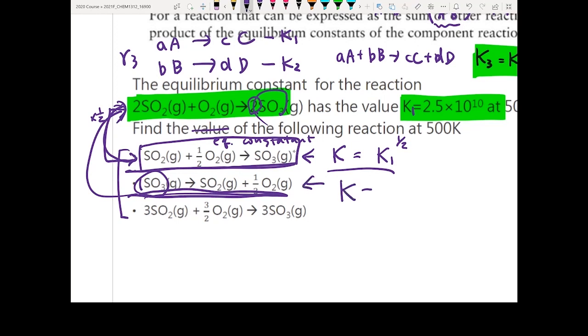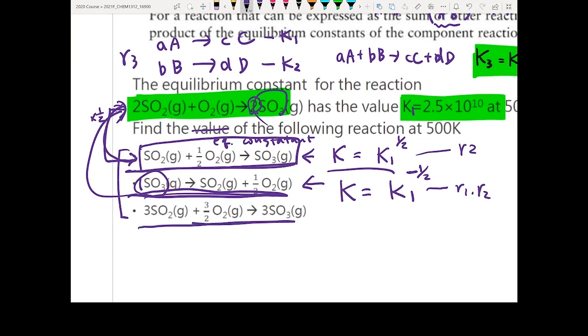So your new K equals your original K raised to the 1/2 power, and because you reversed your reaction, you need a negative sign to go with it. So this is a combined rule number 1 and rule number 2.